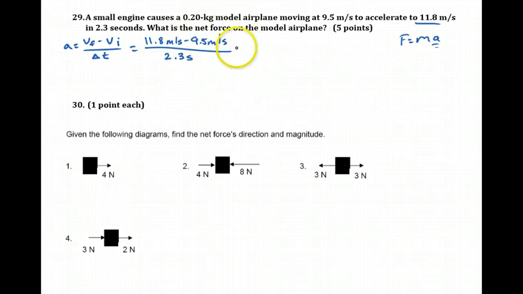So the acceleration, solve that out, is equal to 1 meter per second squared. So the force is going to equal 0.2 kilograms times 1 meter per second squared. So it's going to equal 0.2 newtons.